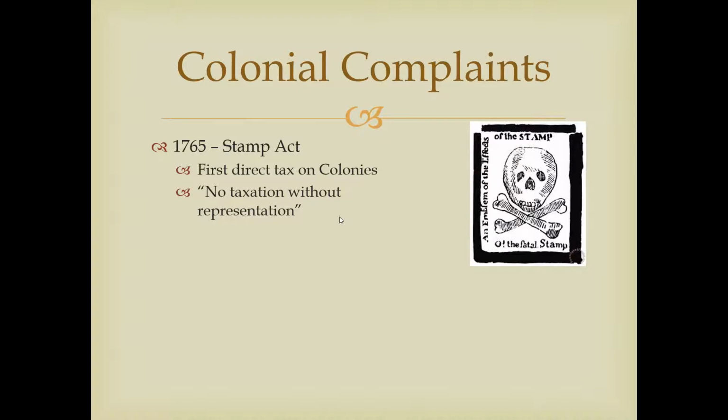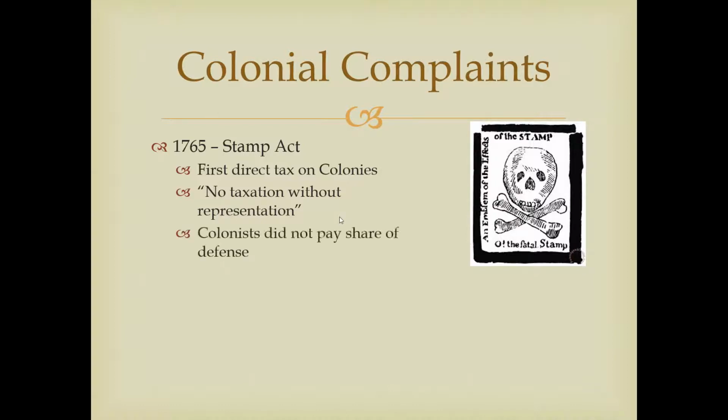And so this begins to get people angry, and there begins to be basically throwing rocks at military police stationed in the cities, violence and destruction of property throughout the colonies, and it starts to get ugly pretty quick.